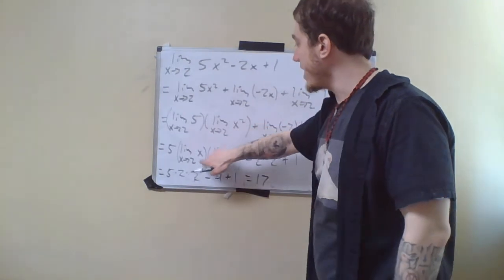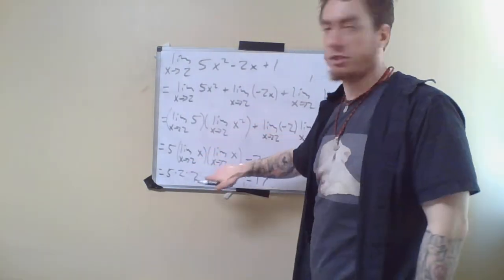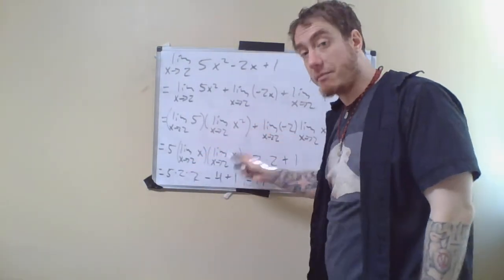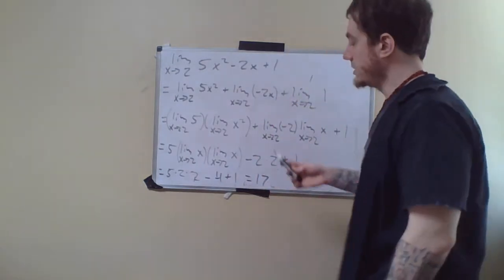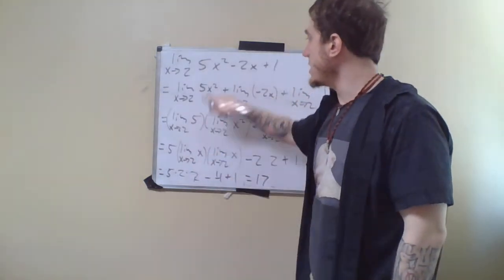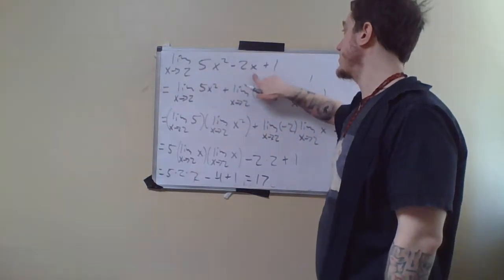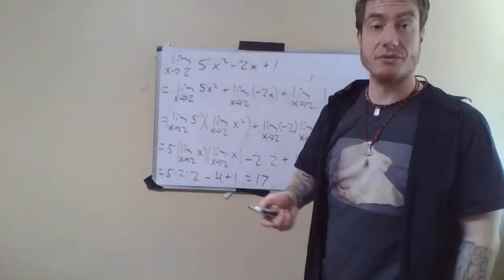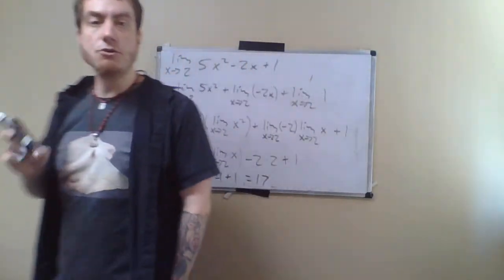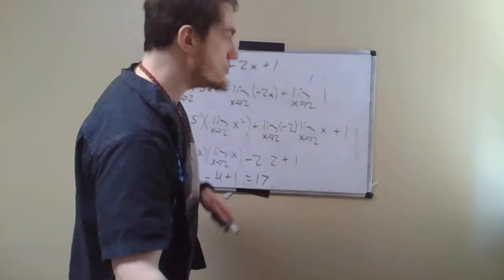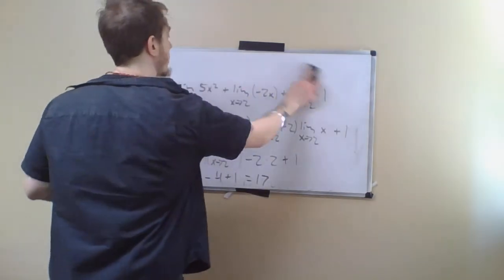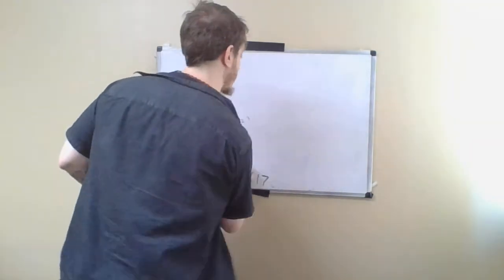The limit of x squared is just the limits for x multiplied together, in other words, the limit squared. So we ended up just plugging in 2 into this polynomial, and we got 5 times 4 minus 2 times 2 plus 1. Yep, that's 17.